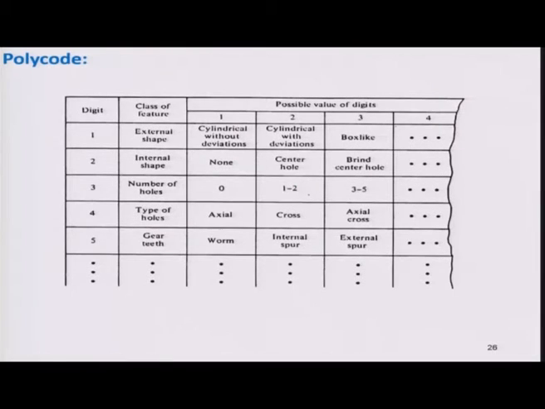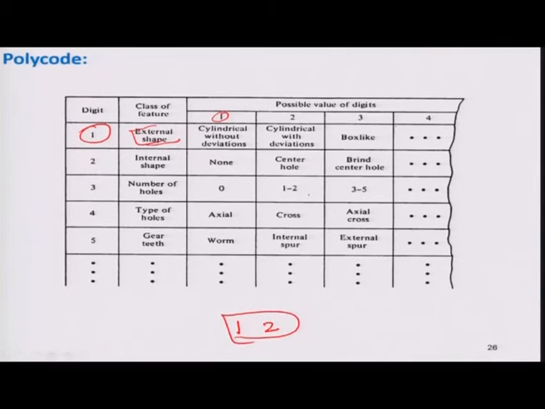Now one other example, you can see the class of feature external shape, this is signified by 1. Again, there are 4 digits available, 1 2 3 4, and suppose you are choosing external shape. If you want to make it cylindrical with deviation, you will take 1 2, so the code will be 1 2.